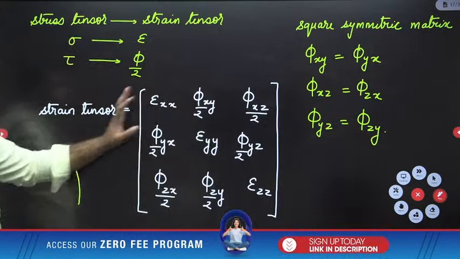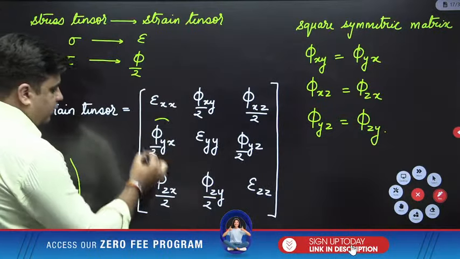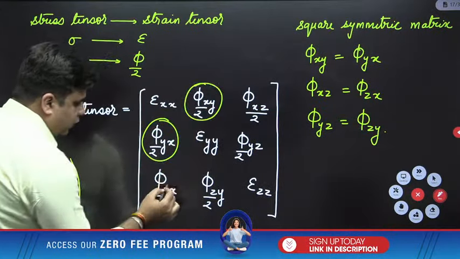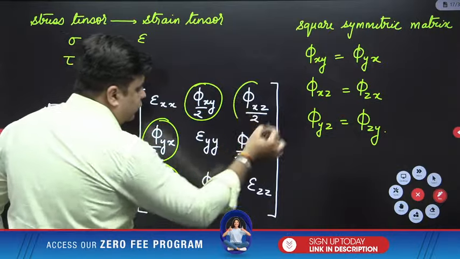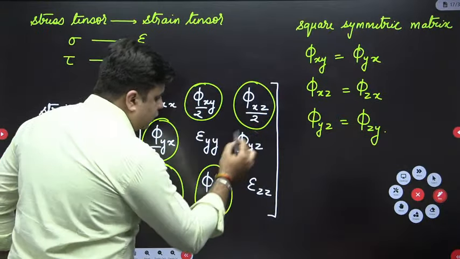So this value will be equal to this value, this value will be equal to this value, and this value will be equal to this value.